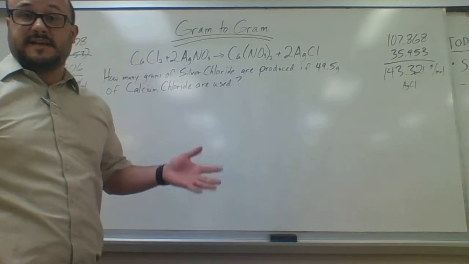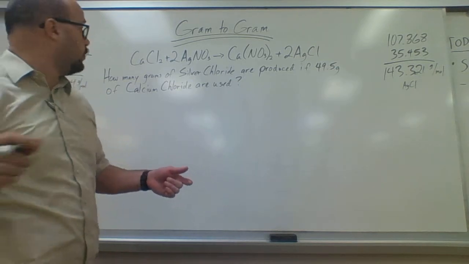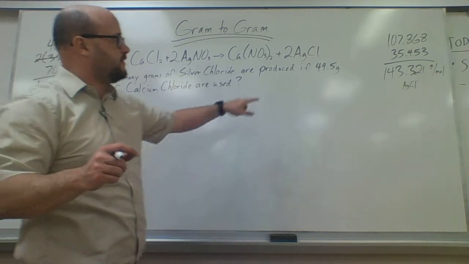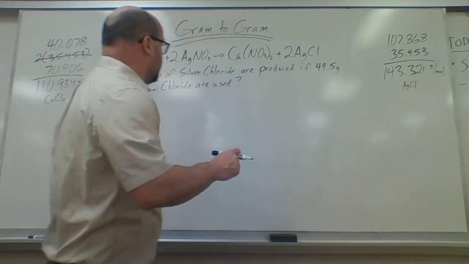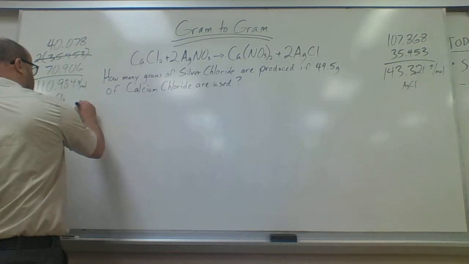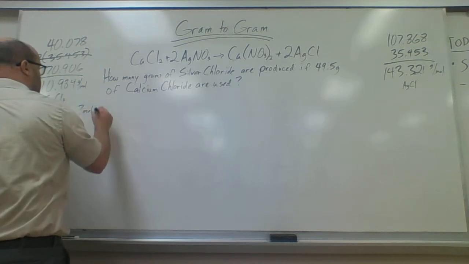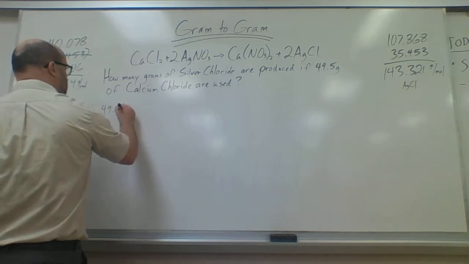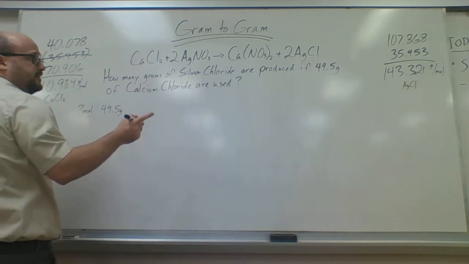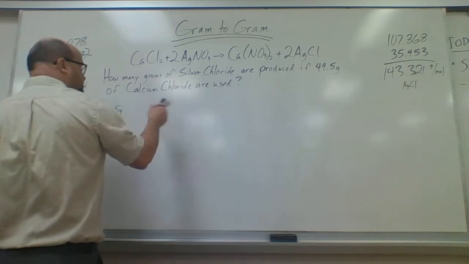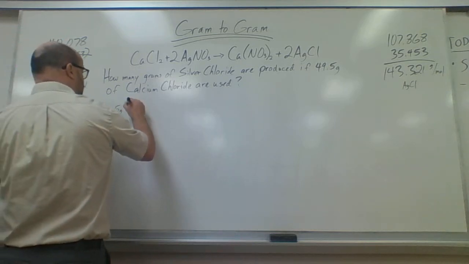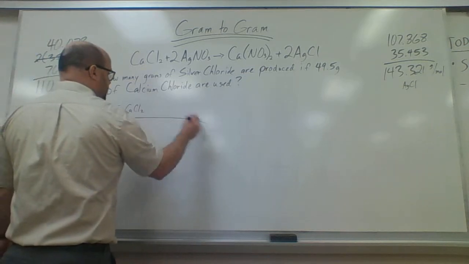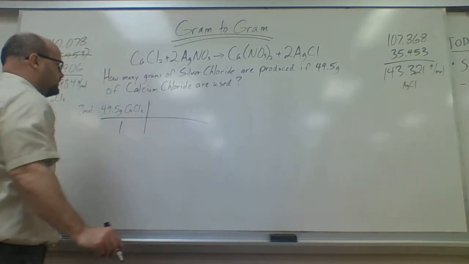That's the easiest way to do this. So you go forward. How many grams of silver chloride? We're given 49.5 grams of calcium chloride. We need to go to moles first. So we're looking for moles. And we're given grams, 49.5 grams. And always keep your units and compounds. Calcium chloride. Draw your railroad track, railroad tie over 1.